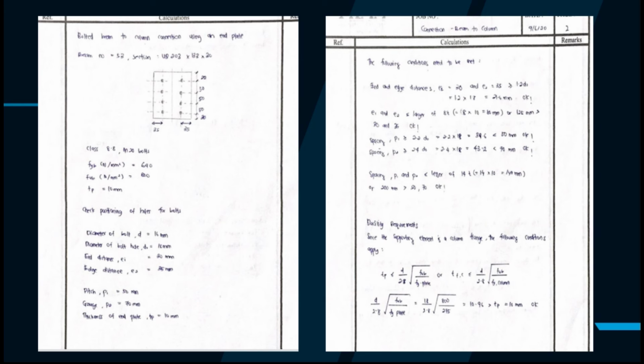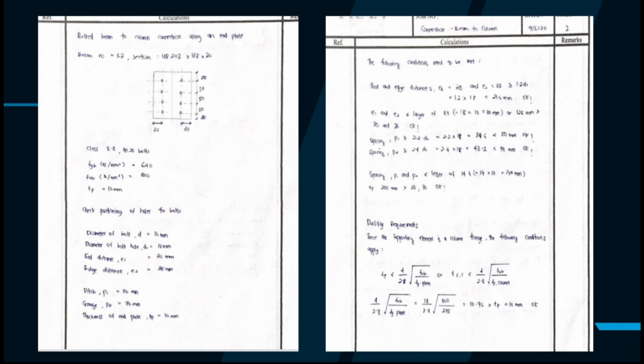We design the diameter of bolt, which is 16 mm, diameter of bolt hole 18 mm, and distance 30 mm, edge distance 35, pitch 50, gauge 70, and thickness of end plate 10 mm. Next, we check for the end and edge distance, whether it is suitable or not, and their spacing.